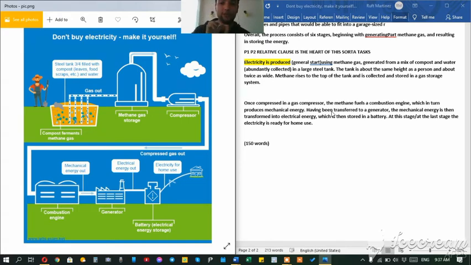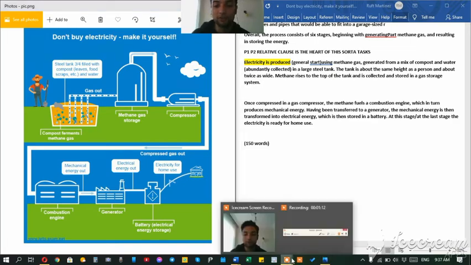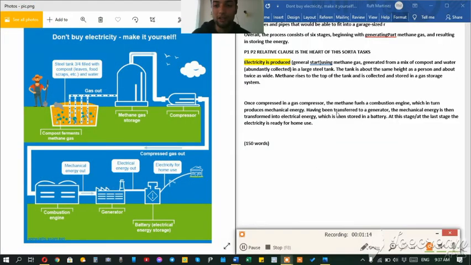We have studied this. If you forgot, go back and read that file again. Having been transferred to a generator, mechanical energy is then transformed, passed through, whatever you can use, into electric energy.